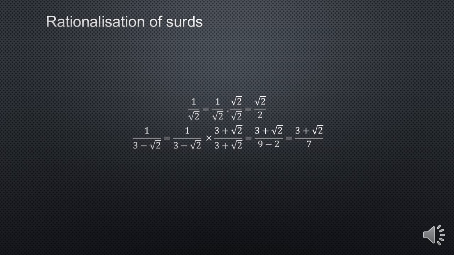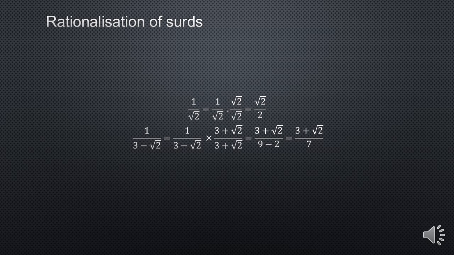The idea here is the difference of two squares, whereby if I multiply this times this, it will give me this squared minus this squared. So we'll get 9 minus 2. You can try it out, take it slowly, step by step, because the numerator is obvious, and you will end up with 3 plus root 2 out of 7.